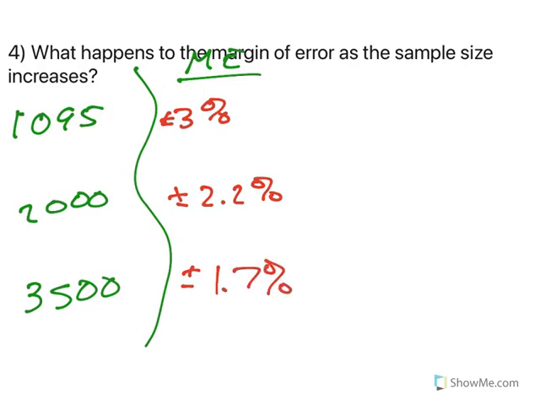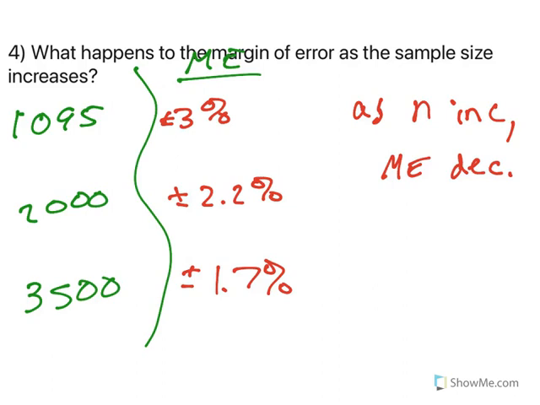So you can see, as the sample size increases, the margin of error decreases. And this goes back to the law of large numbers. The more people you talk to, the more closely to the actual truth you're getting. Okay? So that's kind of what it goes to.